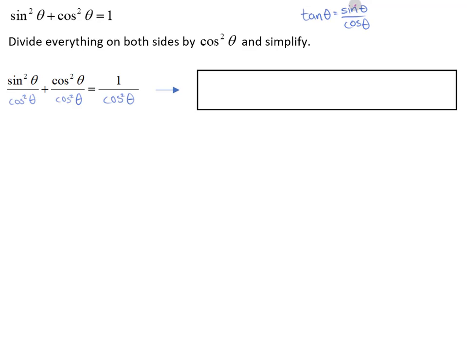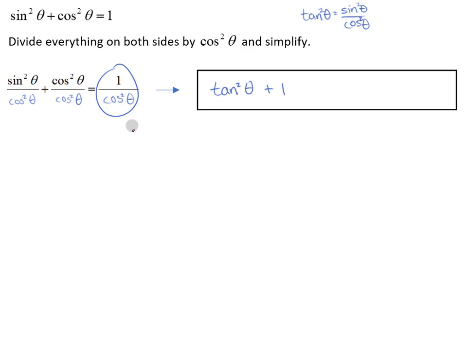So if I have sine squared over cosine squared, that's equal to tangent squared. This turns into tangent squared of theta. Well, cosine squared divided by itself turns into 1, so we get plus 1.